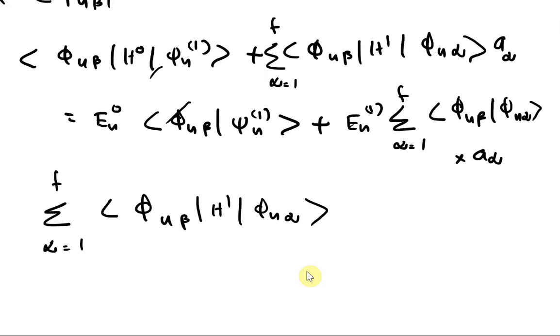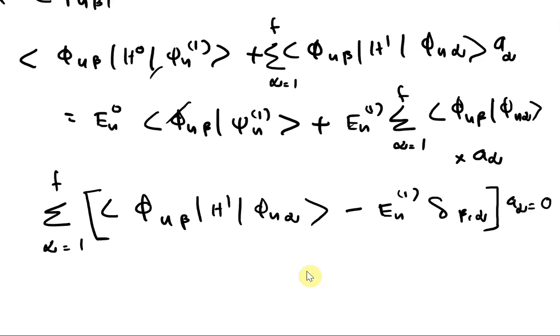A alpha is common, you can take it together. So this quantity minus En1 sigma is common, and this quantity is nothing but delta beta alpha. Whenever alpha and beta are the same, that is the only time it has any value, otherwise it's 0, into A alpha equal to 0.